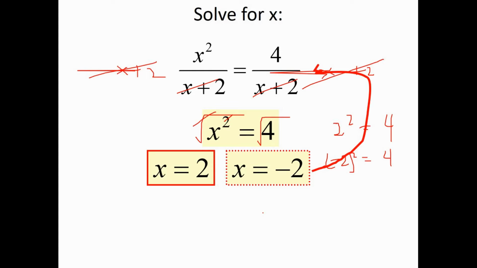Ngayon, try natin i-substitute siya. Ito yung tinatawag natin extraneous solution. Meron siyang dalawang solution. Isang positive 2 at isang negative 2. So ngayon, itatry mo. Si positive 2 ba magsasatisfy the equation? So 2 squared is 4 over 2 plus 2 is 4. So meron kang sa right side naman, 4 over 2 plus 2 is 4 din.